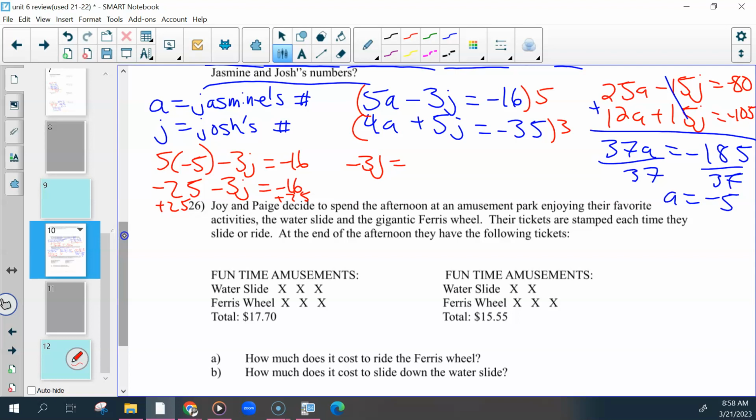Negative 16 plus 25? And then divide. So the label on this, you wouldn't really need one because that is the number that we're looking for.